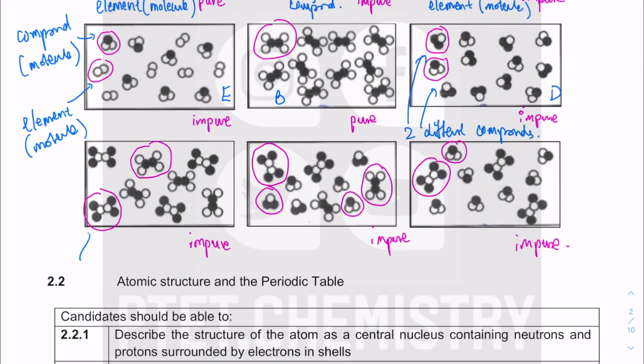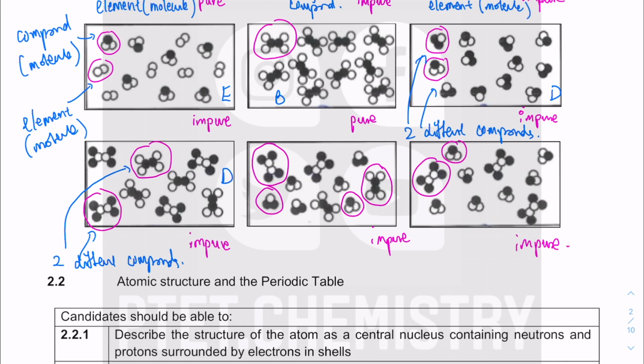The next bit, these again are two different compounds. In fact, you can also call them two different molecules, but elements, compound, and mixture, that's the category given in this particular subtopic.